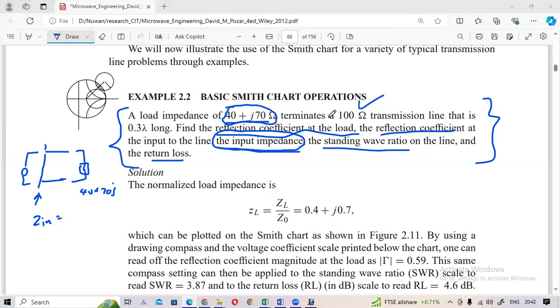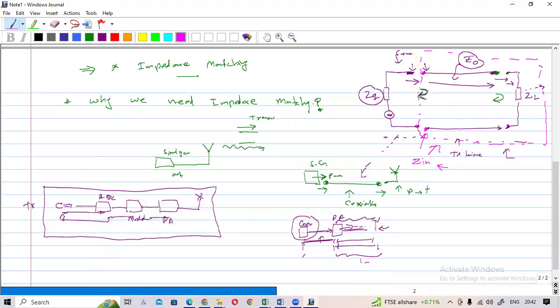Yes, very good. Transmission line impedance equation. So using the transmission line impedance equation also you can calculate. So this input impedance can be calculated using the transmission line impedance equation or the Smith chart. And if this total impedance is not matched with this, there is another reflection.